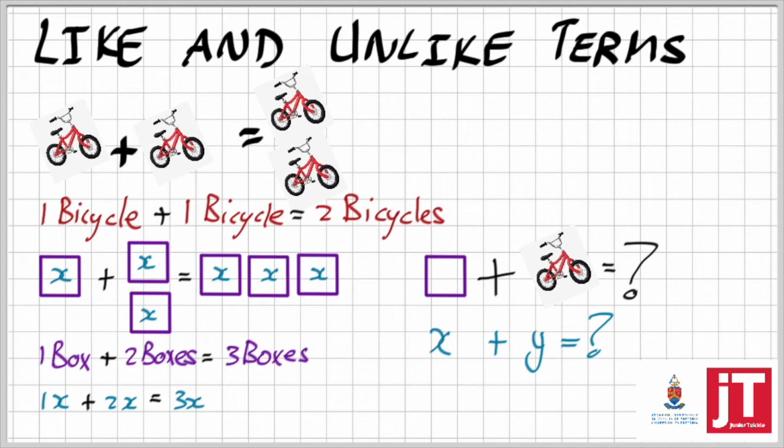It's like saying I'm adding an apple plus a 5-star chocolate. Oh my goodness. An apple plus a 5-star chocolate. What does that add up to? Well, one weird diet, but in any case, it doesn't make sense. So they are unlike terms, and we cannot add them.